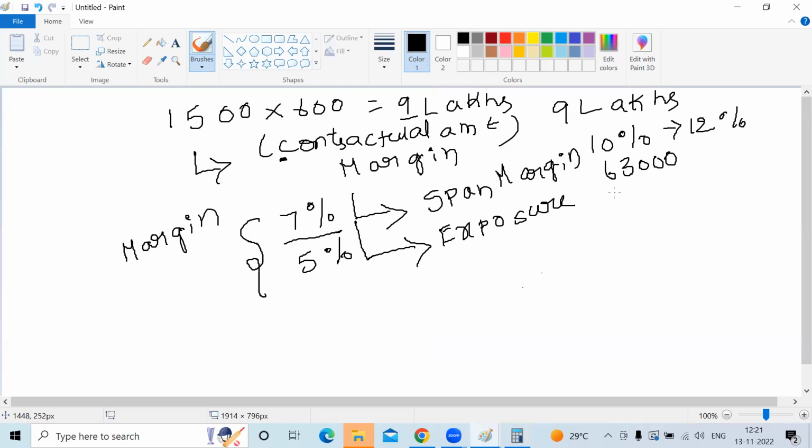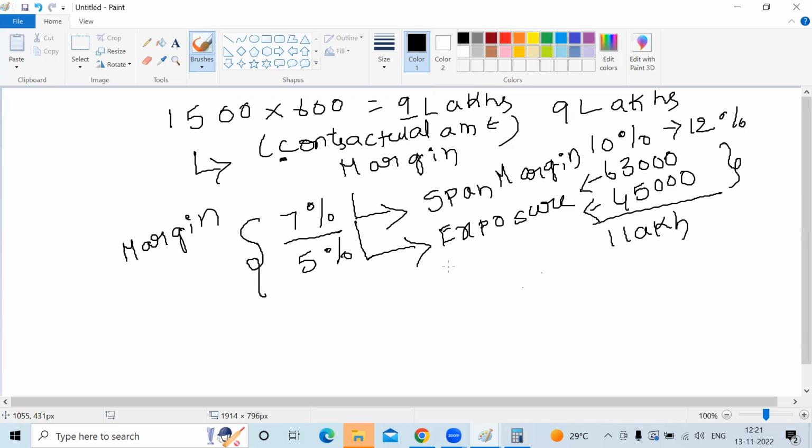Just for example, I'm saying, so assume these are the percentages dictated by the market. So to enter this future contract, you need to pay around 1 lakh, right? So span margin is 63,000 and 45,000 is exposure margin.